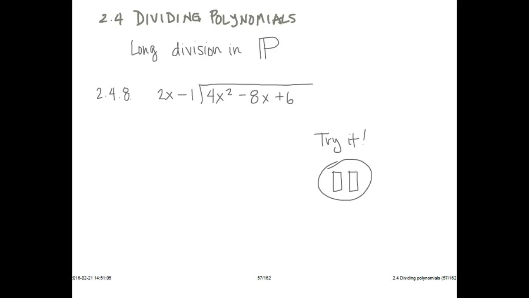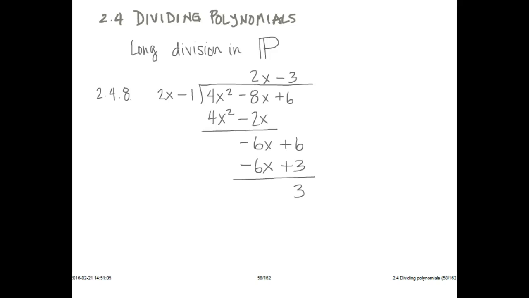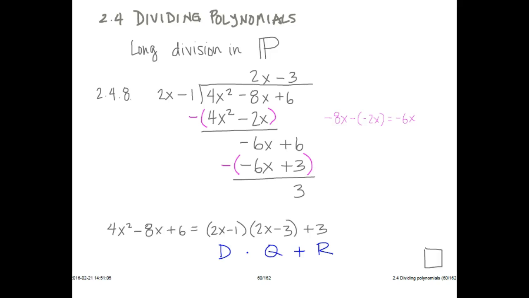Here's another one to try. Now we have a remainder. I chose this one because it had some negative numbers here. This can get kind of tricky when you are subtracting, because we have to change the signs. In any case, our result is the same.